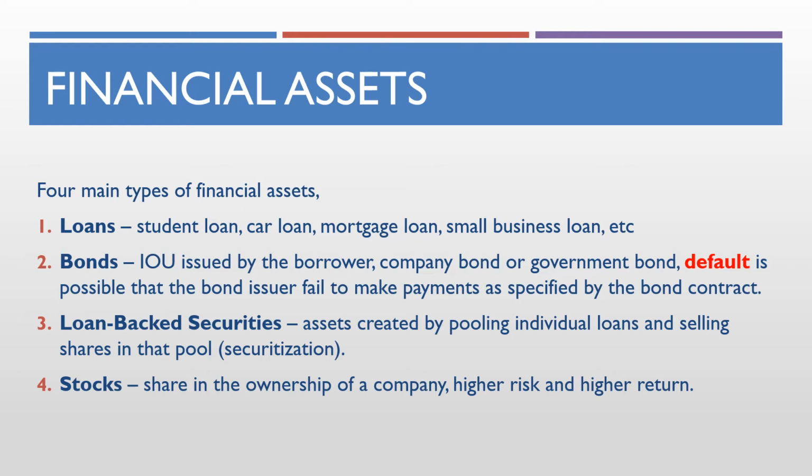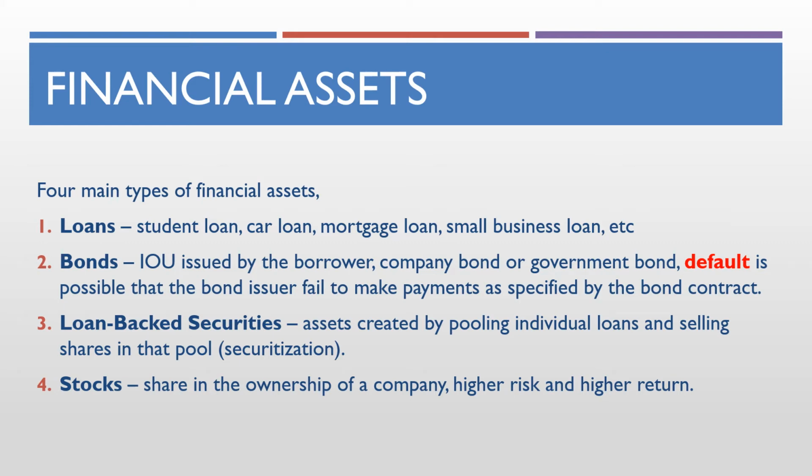One of the main types of financial assets is loans. Loans are a very general term to cover student loans, car loans, mortgage loans, and small business loans. All these loans are basically assets defined in a financial system.